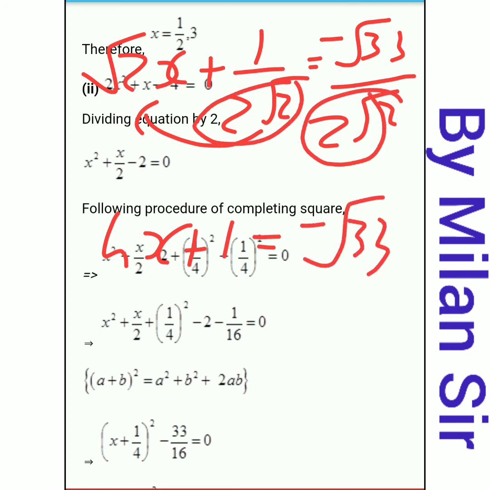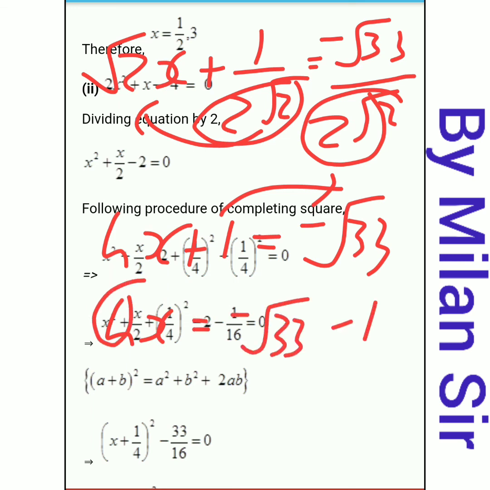We already have 2 under root 2 here, so we do not need to change anything. Now transfer this 1 to the right hand side, so it becomes minus 1. And for finding x, transfer this 4 to the denominator. So x is equal to minus under root 33 minus 1 divided by 4. This is our answer for x.